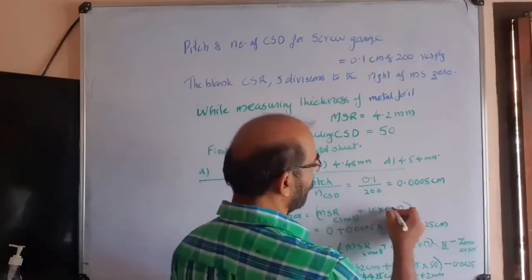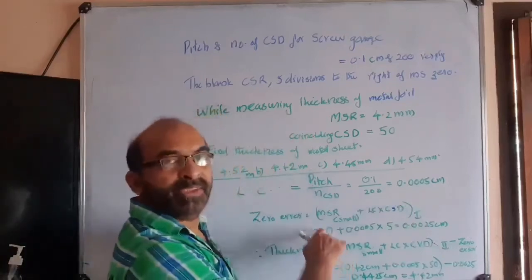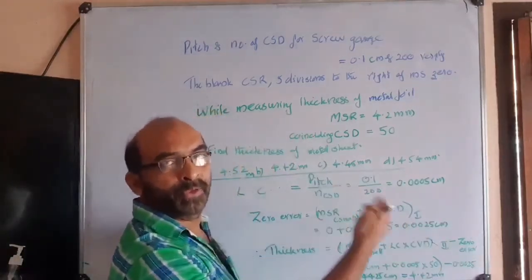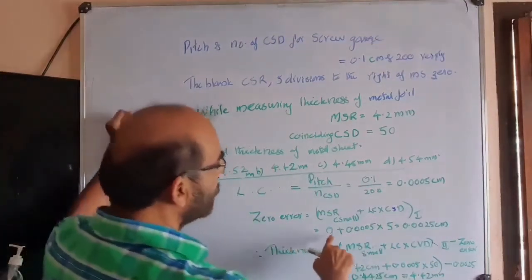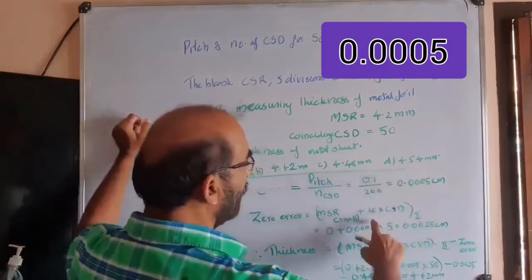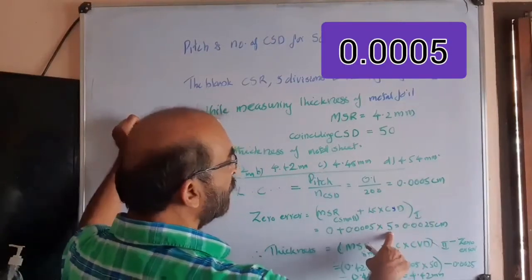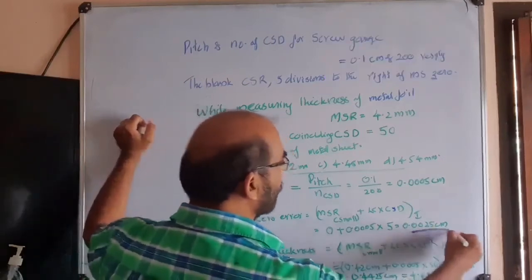The main scale reading is 0, because the value is just to the right of the 0, between 0 and 1. So 0 plus least count 0.0005 into the coinciding circular division 5 gives 0.0025 centimeter.